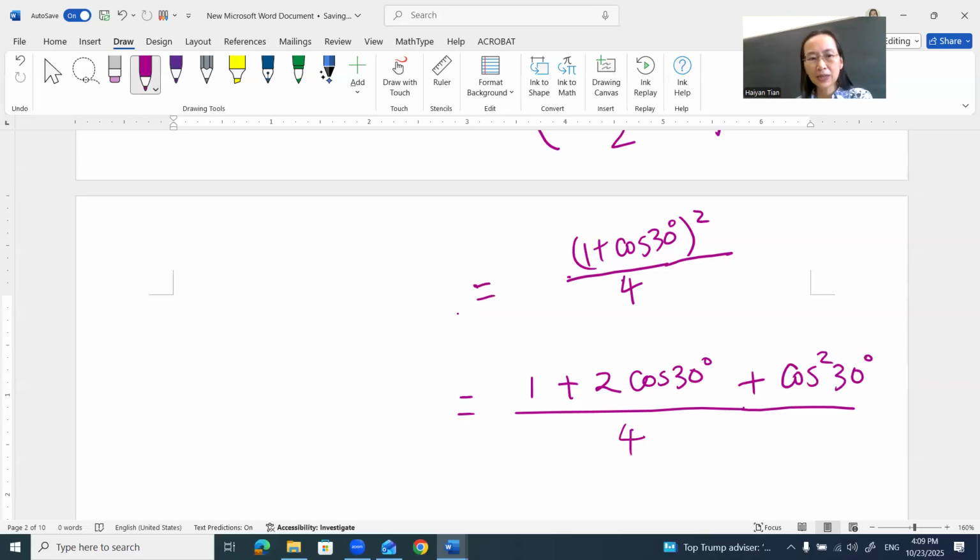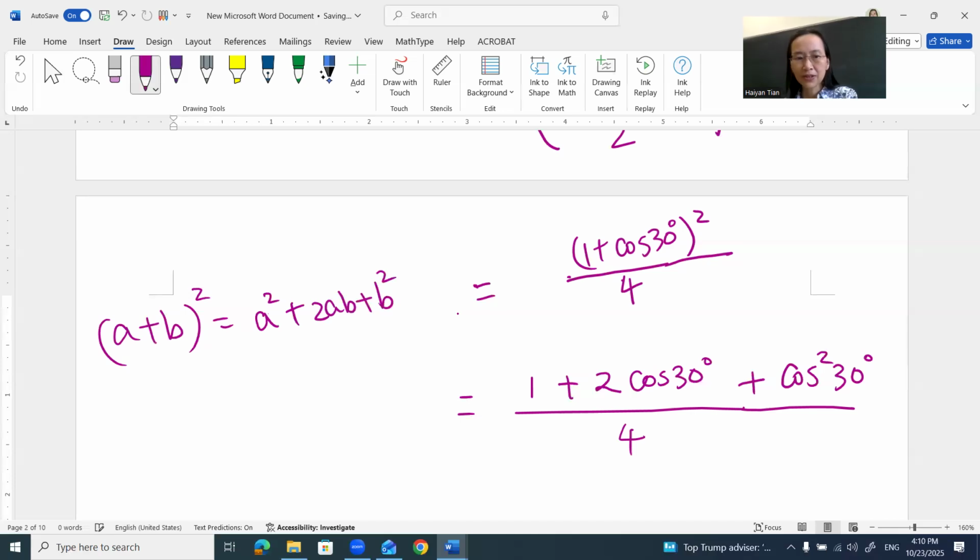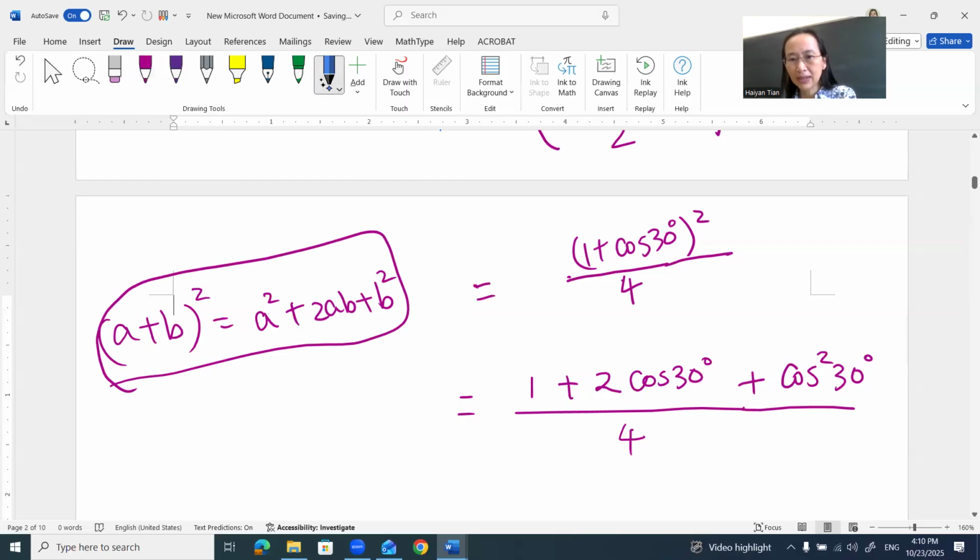Here we used the perfect square formula. Remember, if you have a plus b squared, this is the same as a square plus twice ab plus b squared. This is the formula we just used, because here, what is a? A is 1, and b is cosine 30. So the first quantity squared, 1 squared, is still 1.